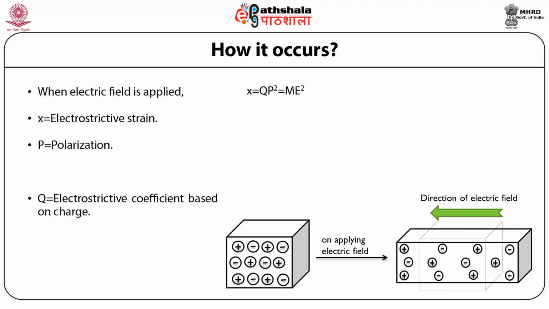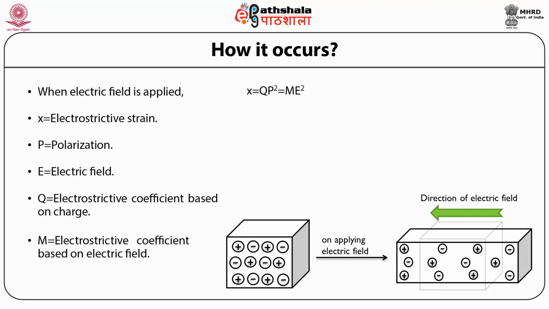That is why it is represented by Qijkl. E is the electric field and M is the field related electrostrictive coefficient, which is also a fourth rank tensor. Q, being an intrinsic property, is a constant for a material and is independent of the temperature.